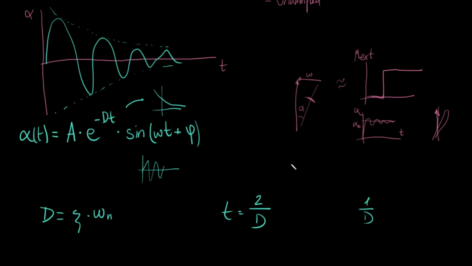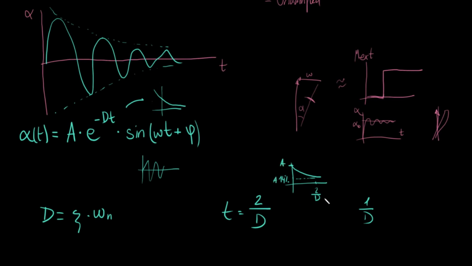This exponential is going to be, so this is 2 over d. This is going to be already 15% or 14% of the initial value. So imagine this is a. This is 14% of a.